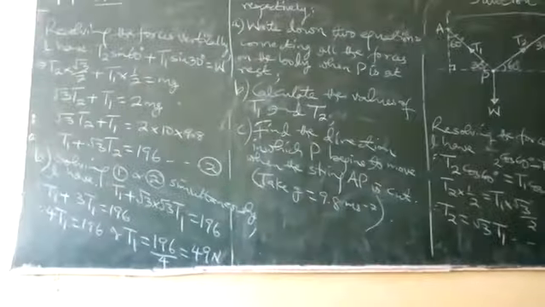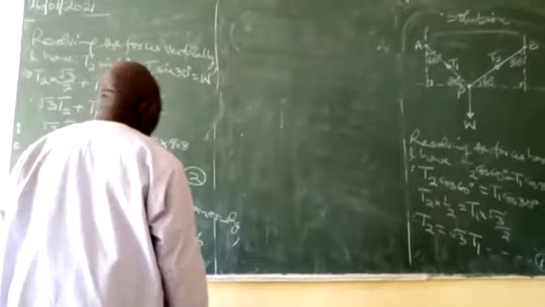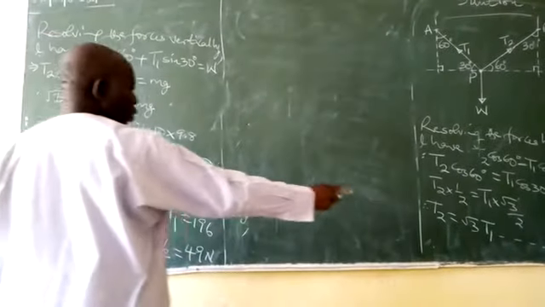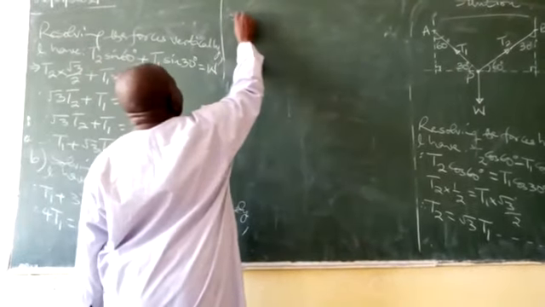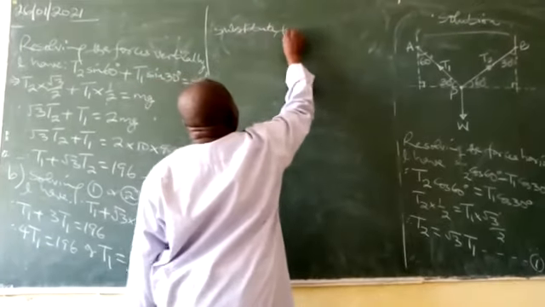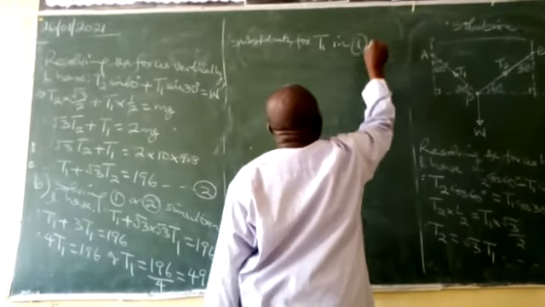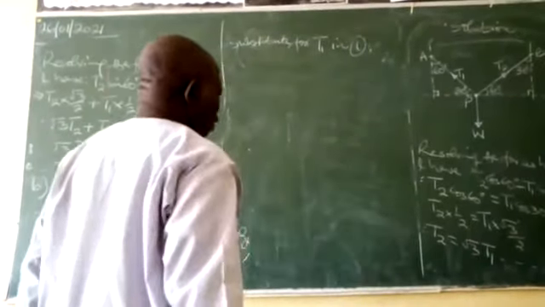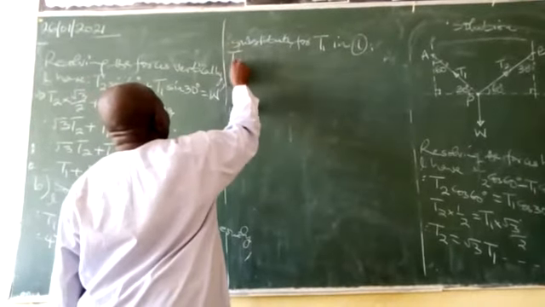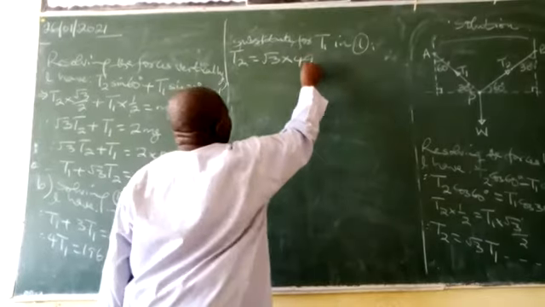Substituting for T1 in equation 1, I'm going to have T2 is equal to root 3 times 49, because T1 is 49.